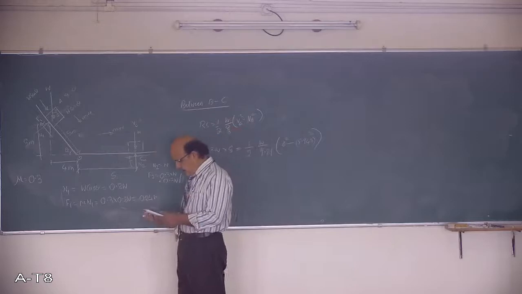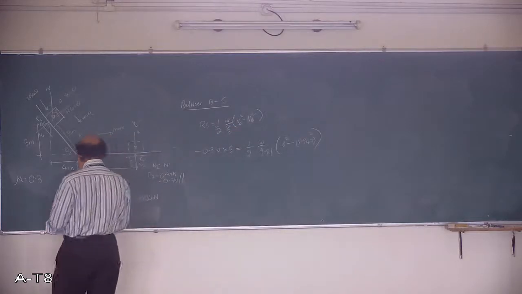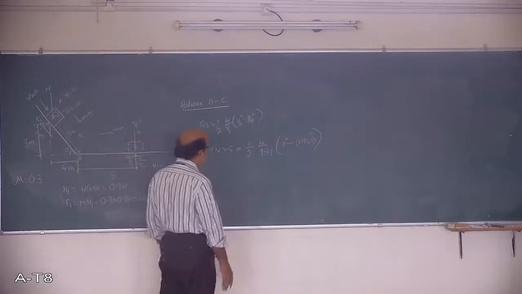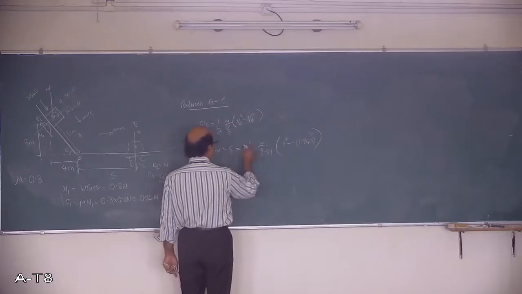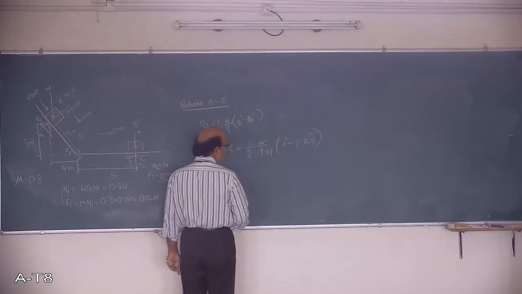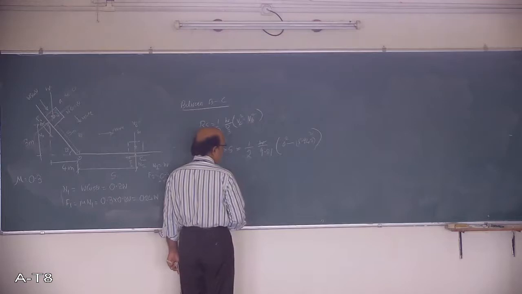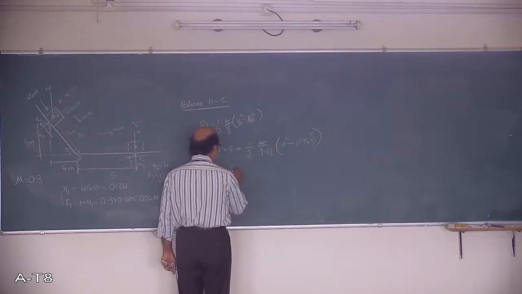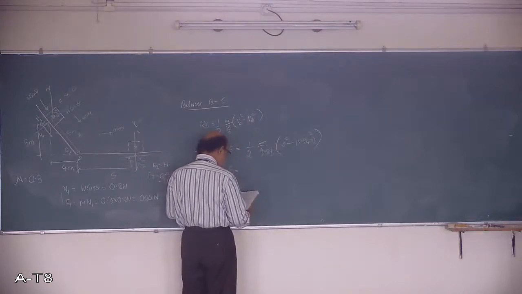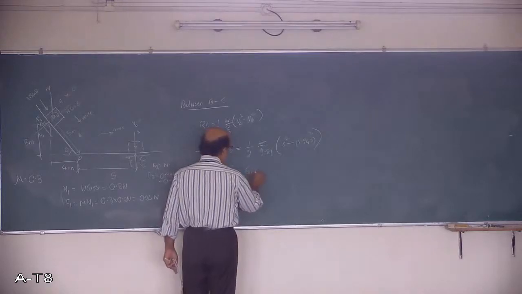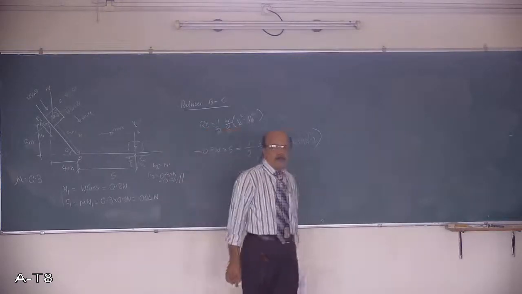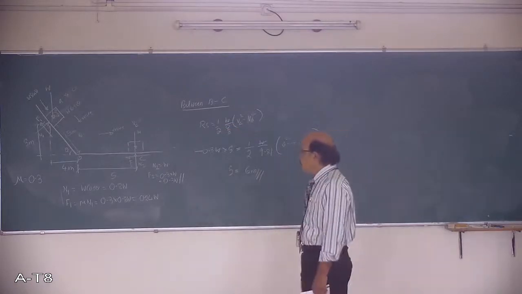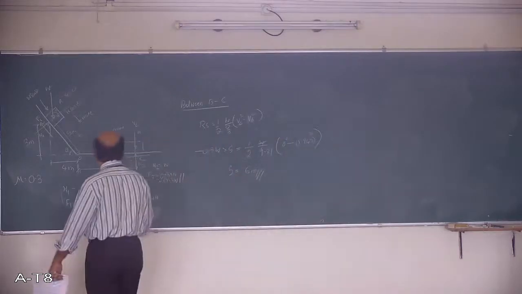I hope this equation is correct. This W cancels and S is the only unknown. You will get S from this equation. It works out to 6 meters from B to C. It travels a distance of 6 meters.